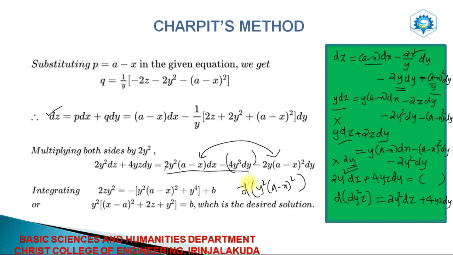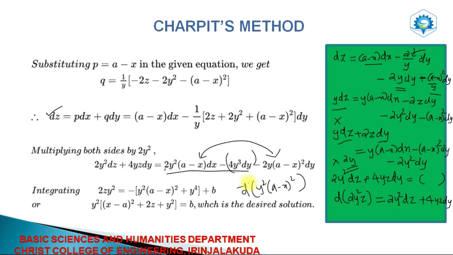So on integrating on both sides, what we get is 2zy square, that is our derivative on the left side, or 2y square z, equal to minus y square into a minus x all square, that is the derivative of the first and third term on the right hand side, and obviously the integral of y cube is y raised to 4 by 4, so the 4 will get cancelled, so we have y raised to 4 there, and we have a constant of integration.